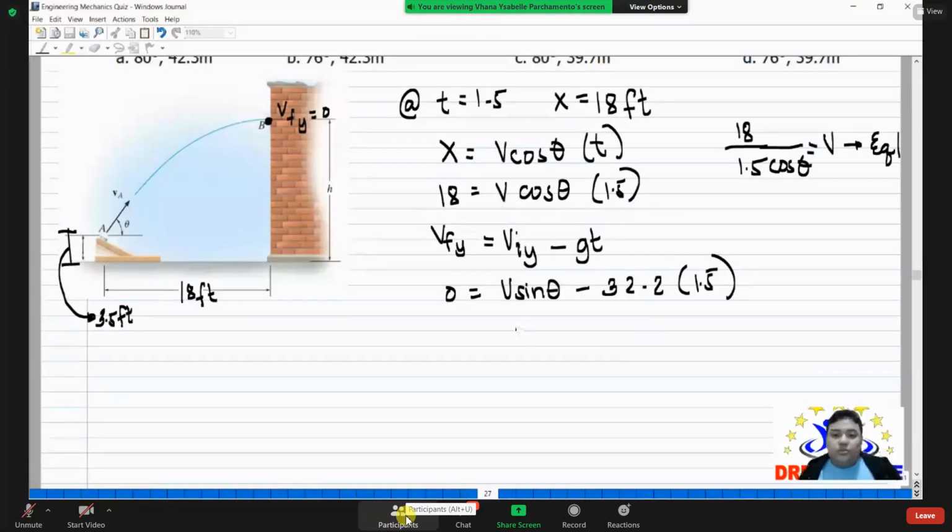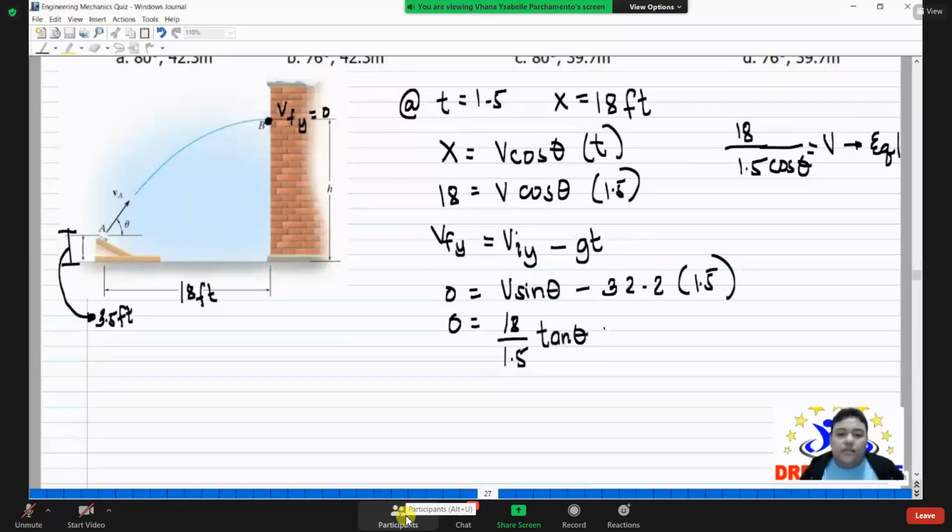So substituting equation 1 to the given equation, 0 is equal to V multiplied by 18 over 1.5, so therefore this is sine. Wala na yung V natin kasi yun yung value. So that is 18 over 1.5 cosine dito sa baba, tapos sine sa taas.